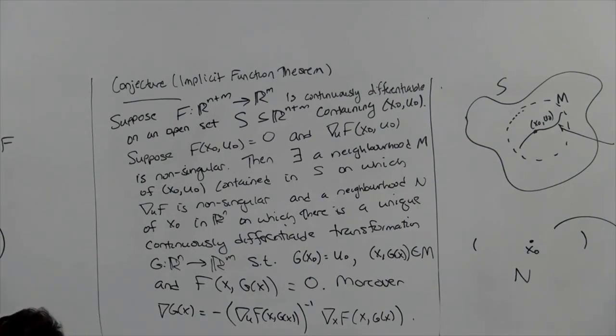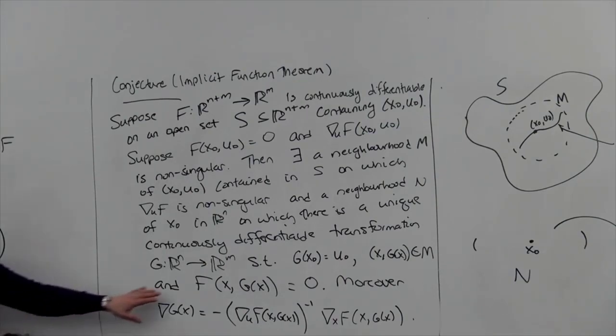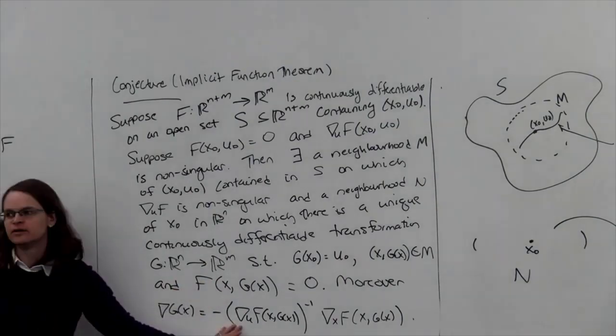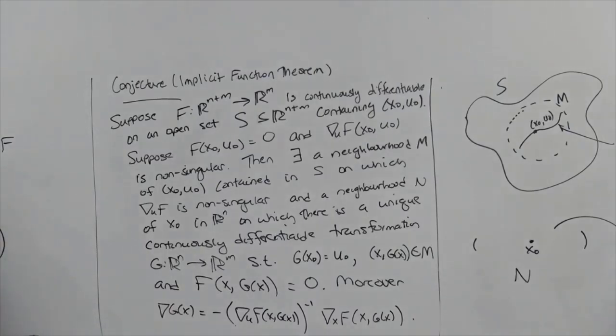Questions on this? This is a long theorem statement, but again, I want to emphasize, it really just says the two things that we were talking about. We can build this g of x that gives us the solutions to f equals 0. So f of x, g of x equals 0, and we can write down its Jacobian. And then there are technical details that are needed to fill it out.